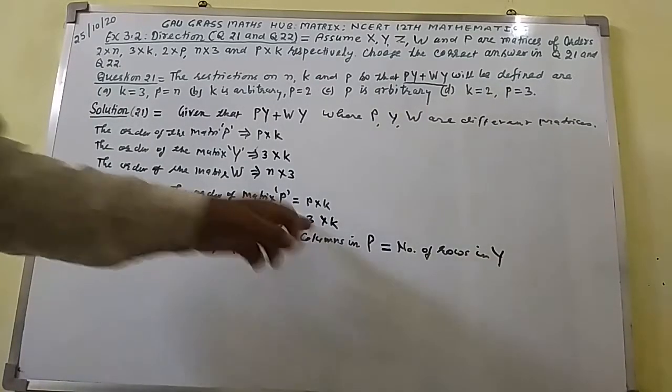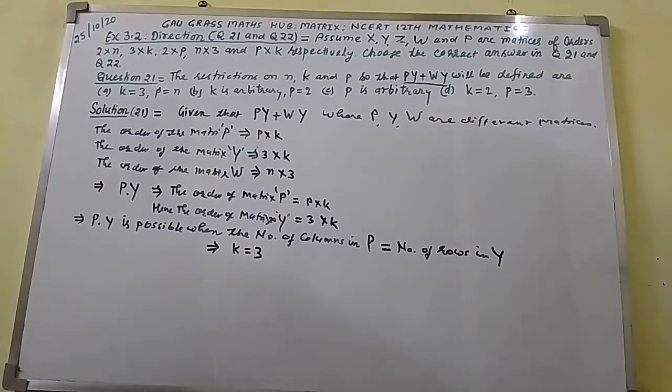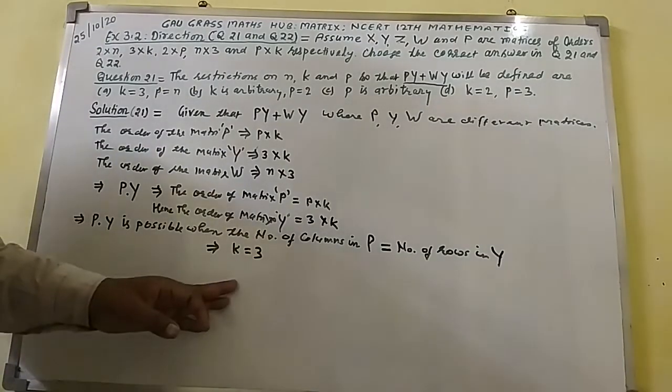This is the number of rows. So you can write here K equal to 3. You have got K equal to 3.